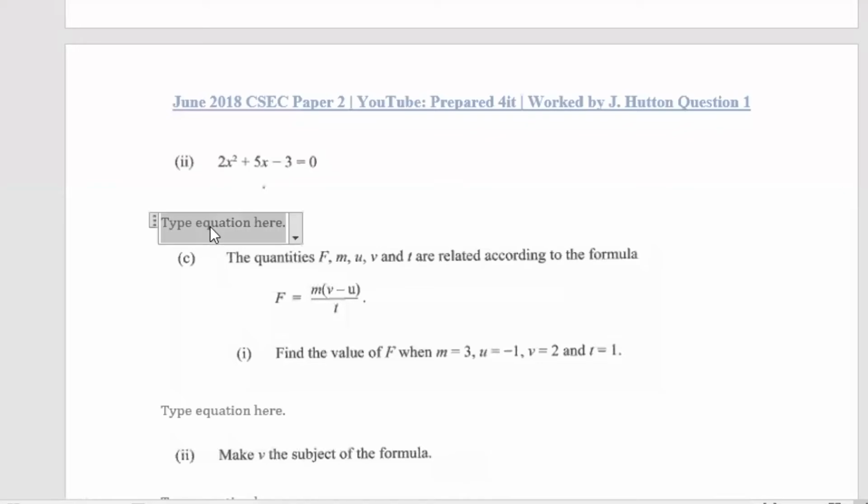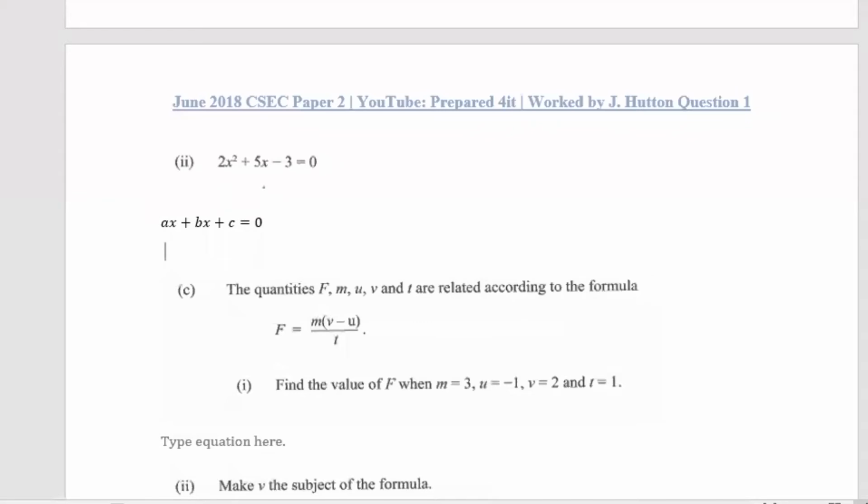Let me just go ahead and do the full teaching to ensure that everyone understands. So we know our formula for quadratic is AX² plus BX plus C, which is equal to 0. If we line this up under this equation, A would be equal to 2, B would be equal to 5, and C would be equal to -3.